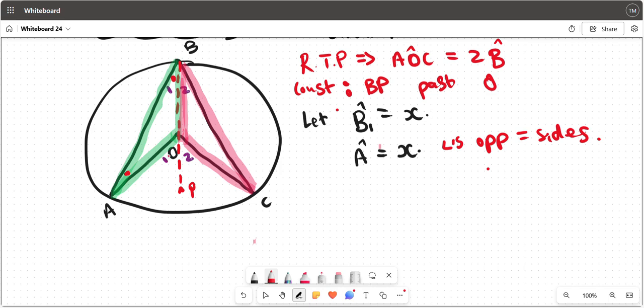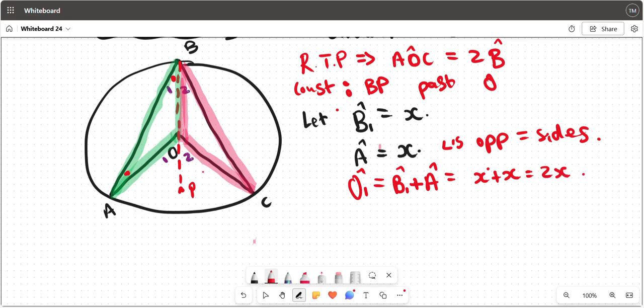And so angle O1, this exterior angle there, is going to be equal to the sum of the 2 interior opposite angles. So it's going to be equal to B1 plus A, and this is just an X plus an X, which is 2X.